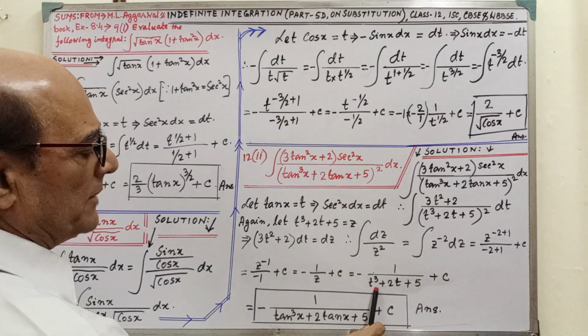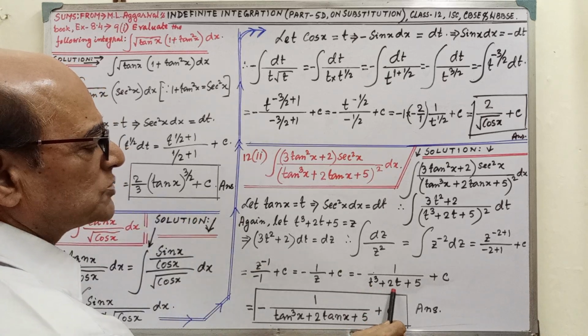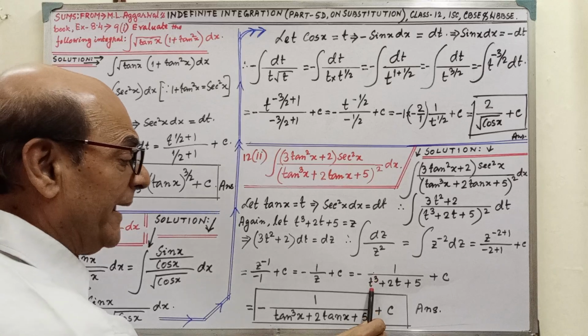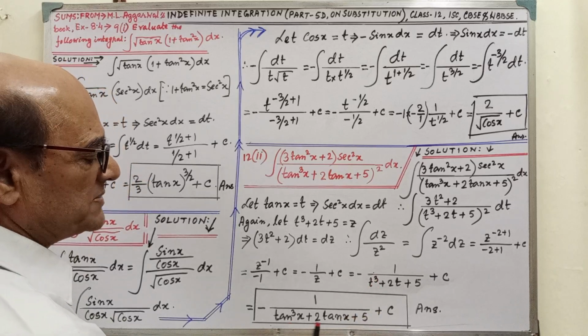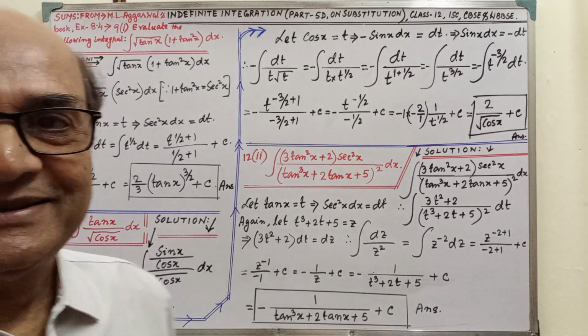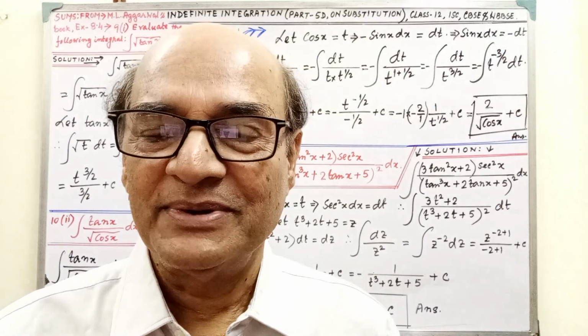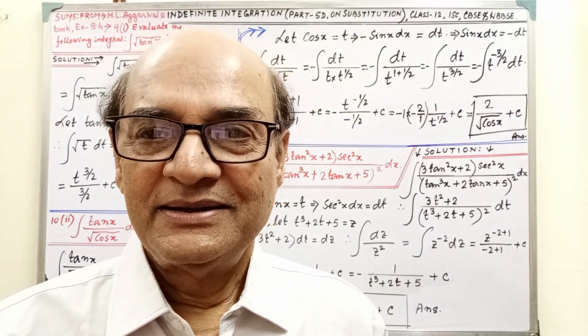Then we have to put the value of z, that is t cube plus 2t plus 5. Again we have to put the value of t, that is tan x, so tan cube x plus 2 tan x plus 5 plus c. This is the answer. I think it is very simple if you follow the steps attentively.